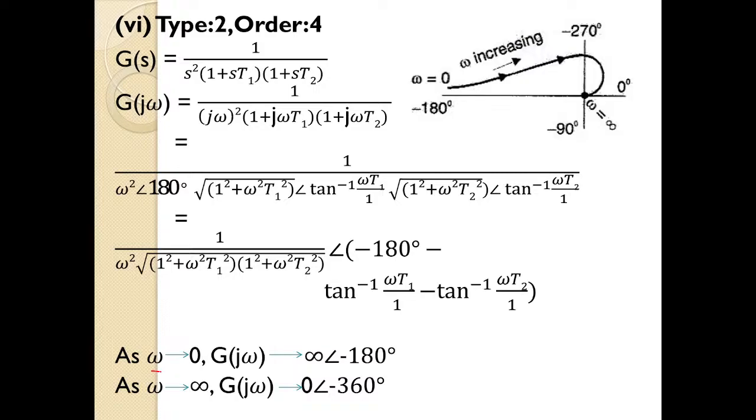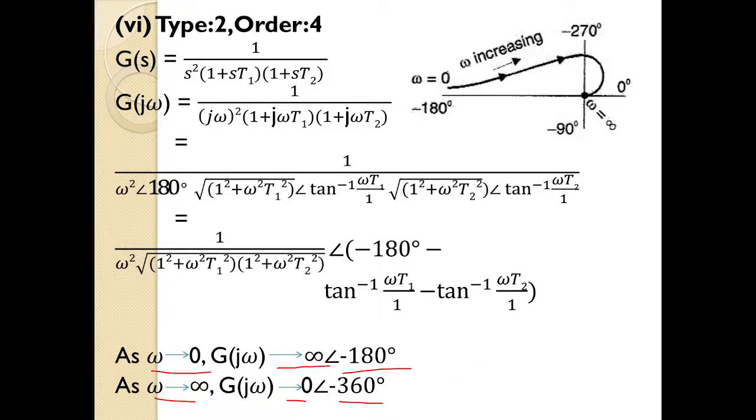Now substitute omega equal to 0 and omega equal to infinity and determine the magnitude and phase angle. When omega equals 0, you will get magnitude infinity and angle minus 180 degrees. If you substitute omega equal to infinity, you will get magnitude 0 and phase angle minus 360 degrees.